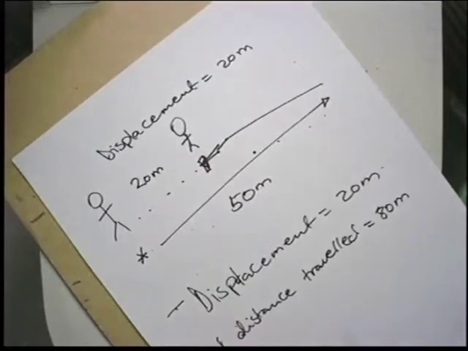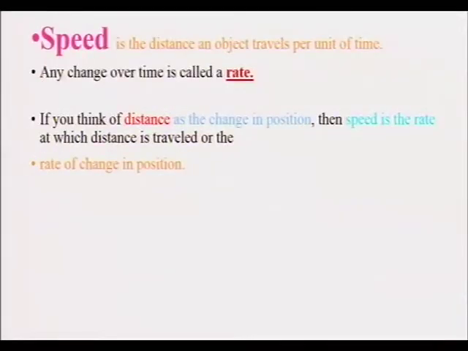Okay, then we go to the next concept. We usually calculate the average speed, but when we calculate the average speed, we are talking of a change in time. When there's a change in time, we say it is a rate. We call it a rate.